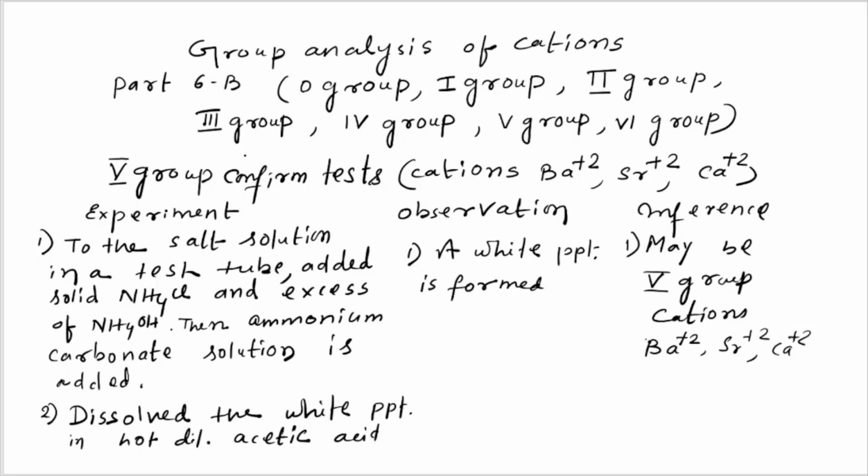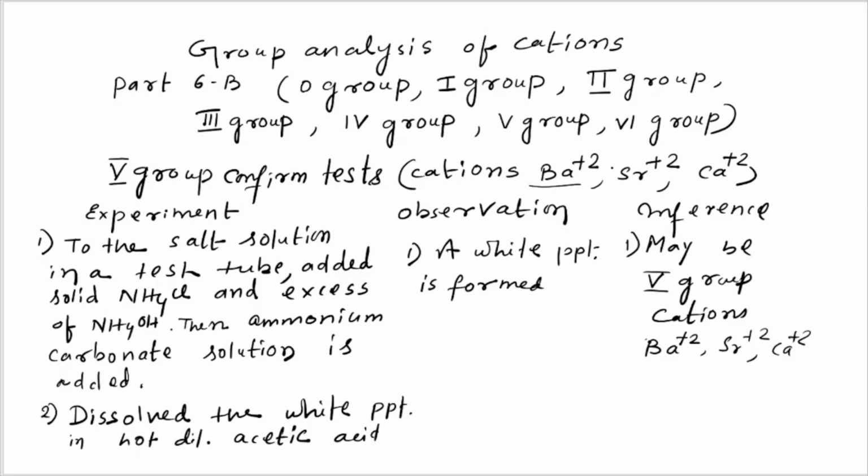In part 5, I explained the group cation analysis for the 0 group and first group. Now in part 6B, I am going to explain the confirmed tests for the 5th group and 6th group.